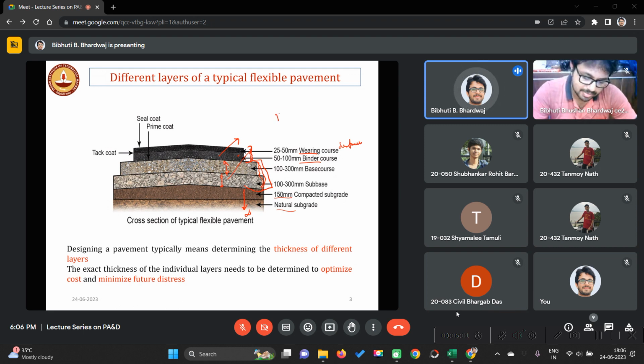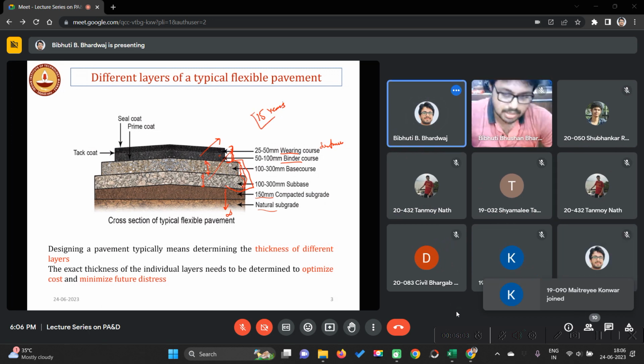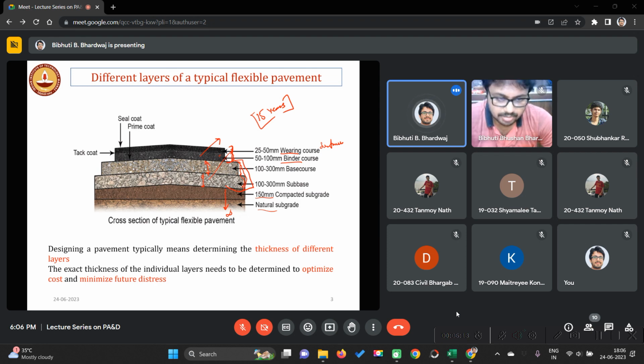Suppose the design life is 15 years. That means in 15 years of service period, the pavement has to sustain all the traffic load or the vehicular load coming to the road without failing.